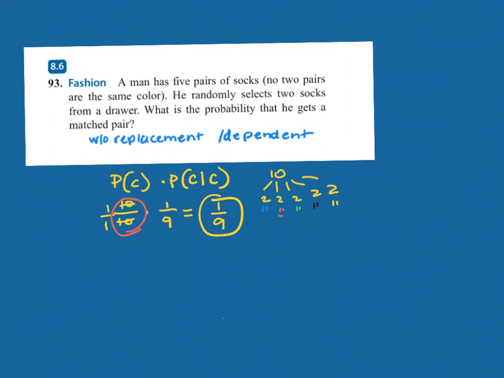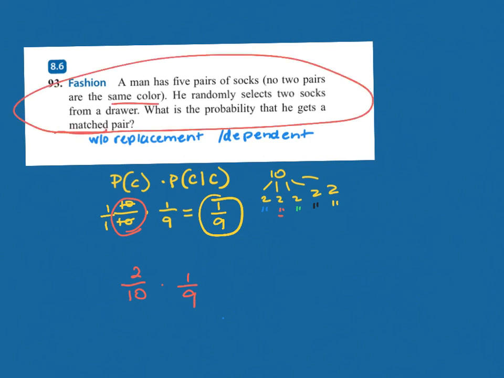So the difference between this and if it had said something like picking red twice is that there would only be 2 of the 10 the first time and then 1 of the 9 left. It's not giving you a specific color in here. It just wants the same color or that matched pair. So that's why the first option is 10 out of 10 and the second option is only 1 out of 9. Okay, hope that helps.